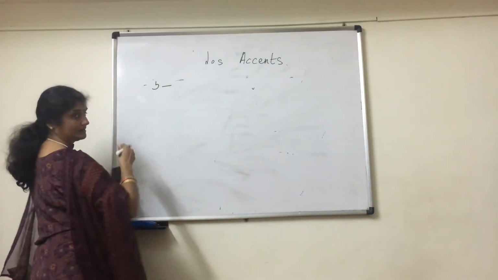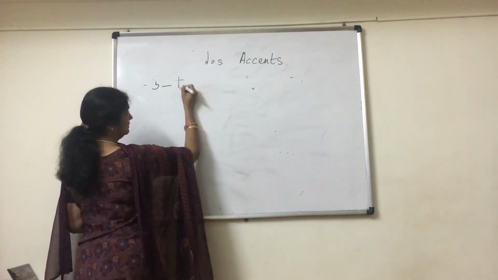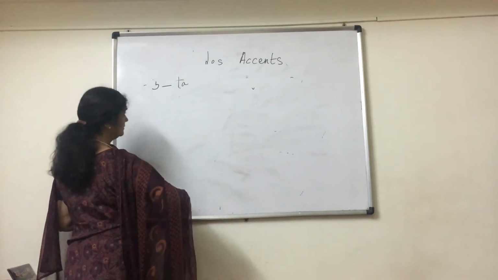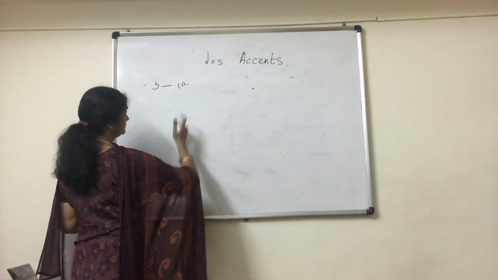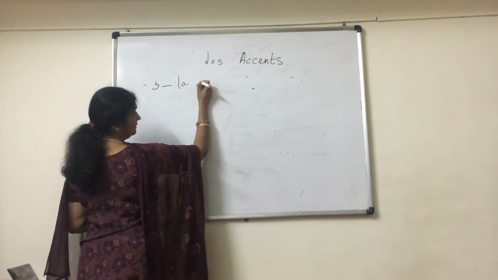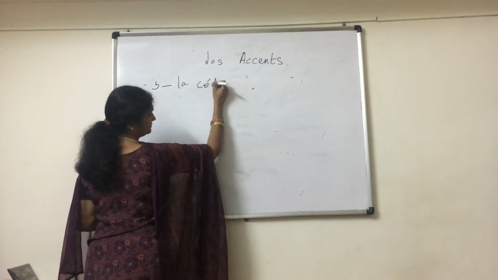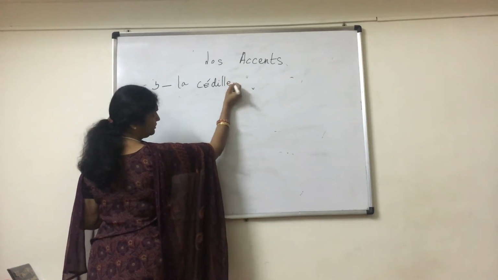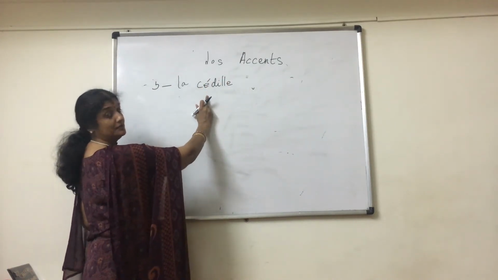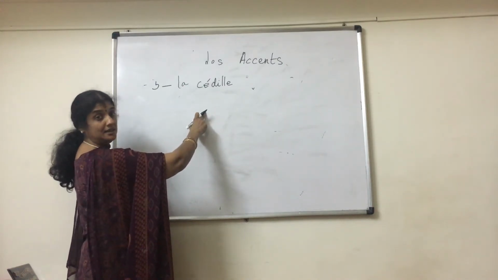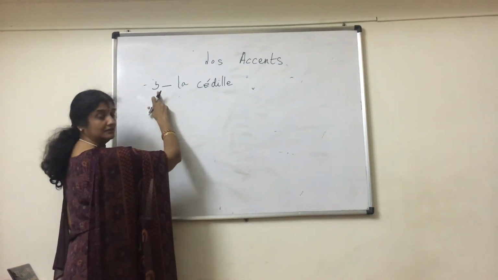Which is written like this. This is called la cédille. You can already see the accent aigu here, which gives you the A sound. The pronunciation is sedi, la sedi.